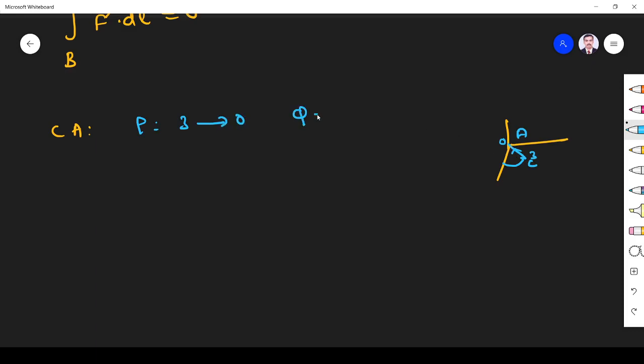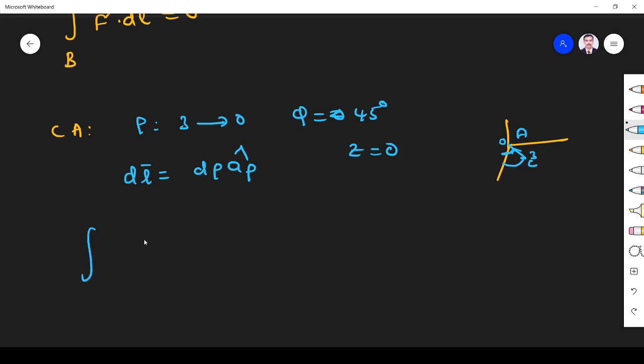Phi is 45 degree here, and as usual z is 0. So phi is constant, rho is varying. Since rho is varying, we have only the rho component, and dl is given by d rho a_rho.